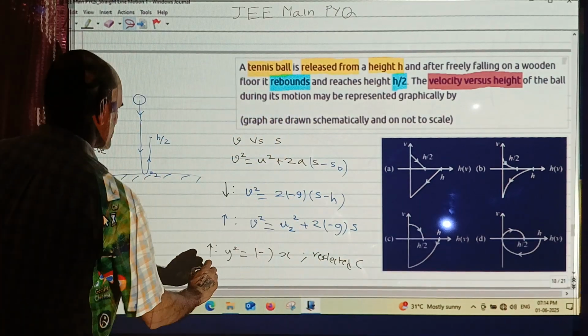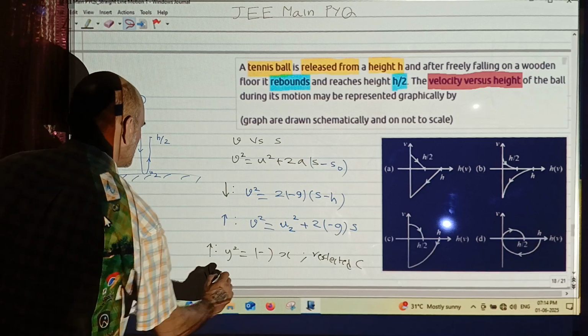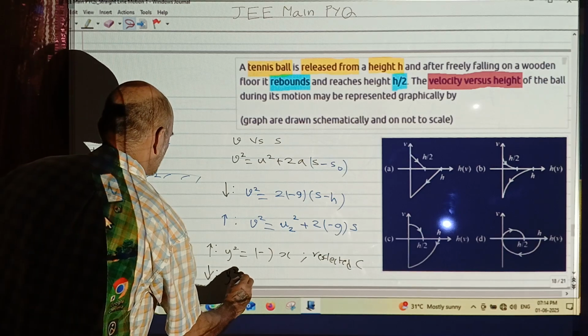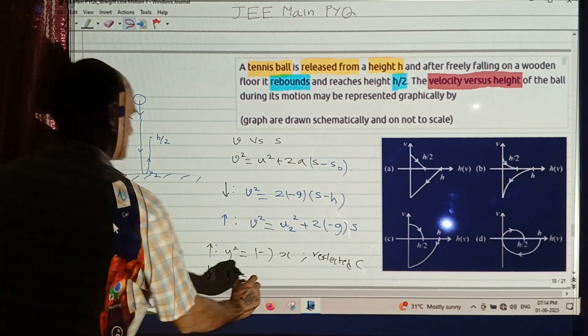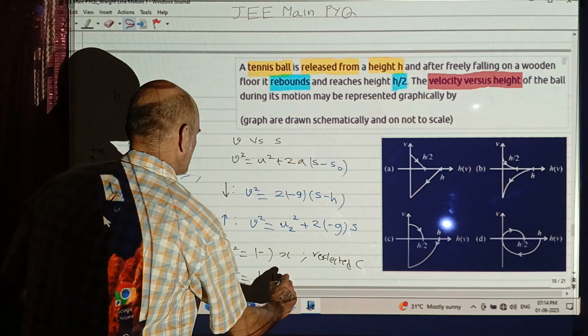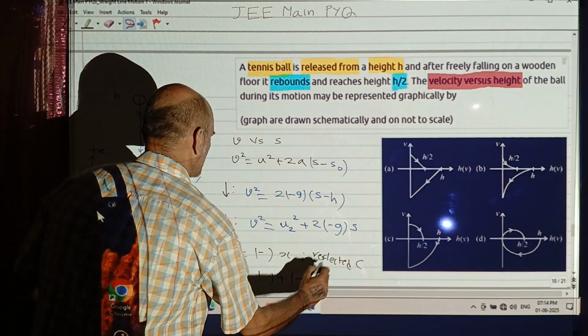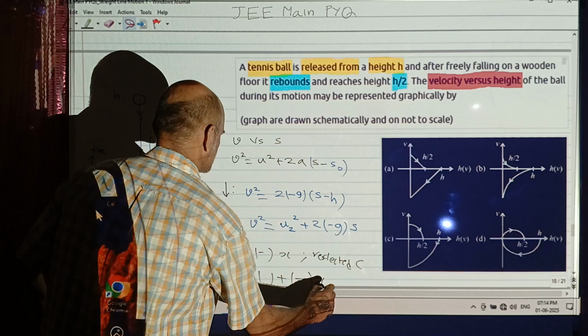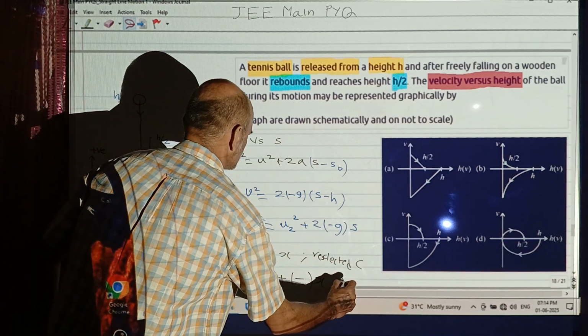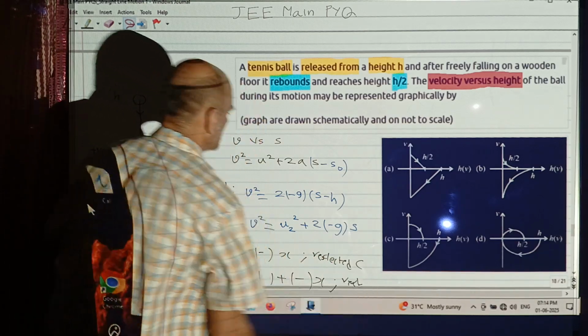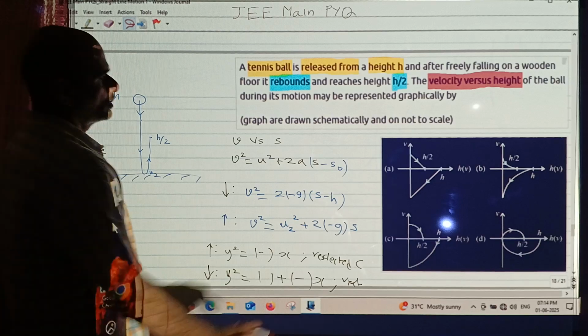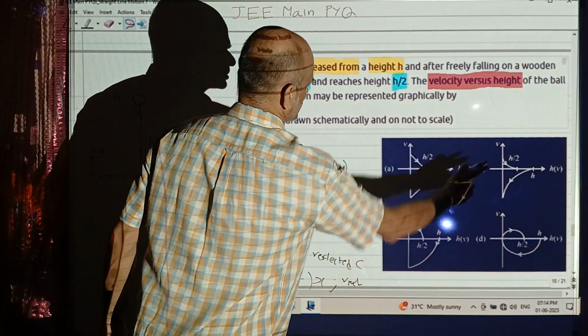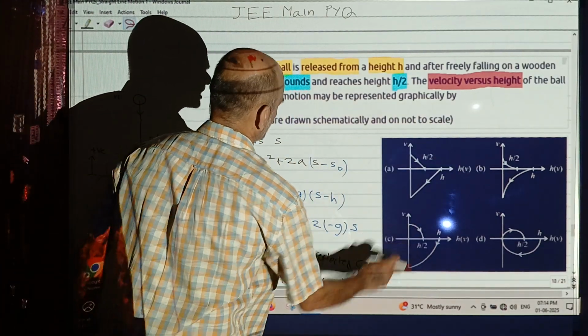The second part of the motion, where it's going up, is of the form y square equal to some constant plus some negative number into x. Again, it's also a reflected C and it's a parabola. So we can rule out the option that is a straight line, because that is not a parabola. This one is more appropriate, it's like a parabola.